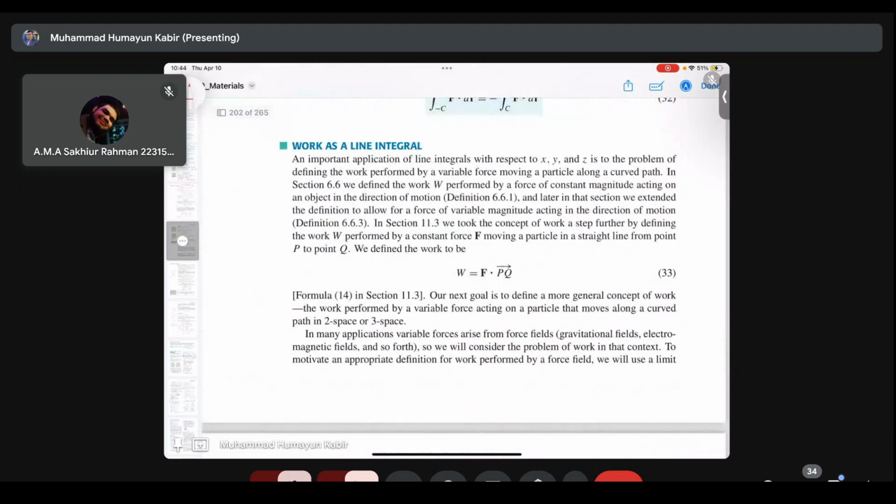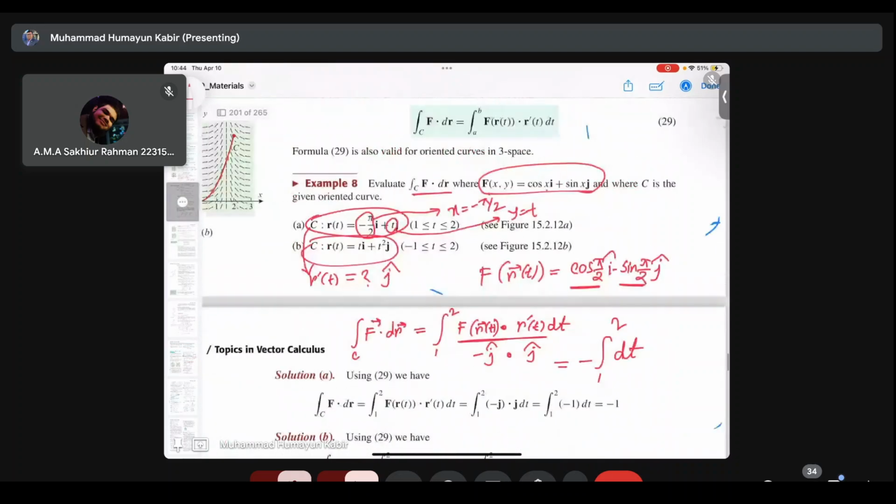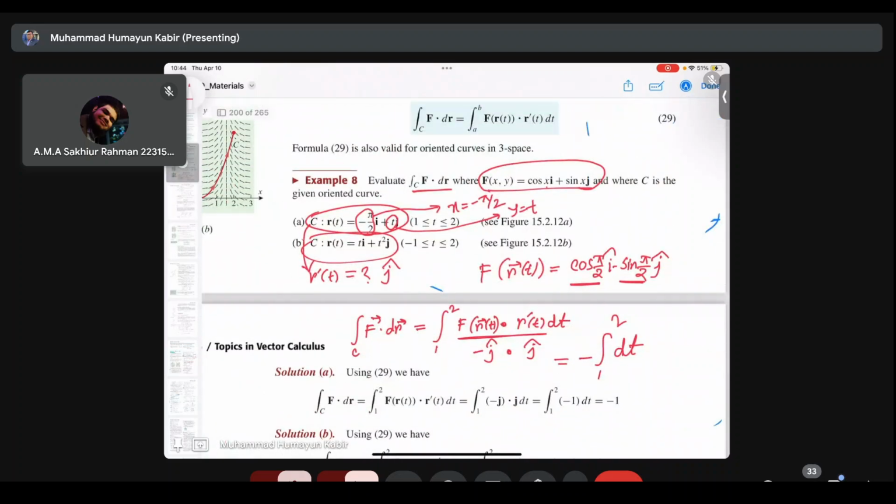Sir, can you show the previous math? Yes. You have to use the vector in the vector valued function. The vector will become a single variable vector valued function, and dr equal to r prime t dt. Why? I have already explained.